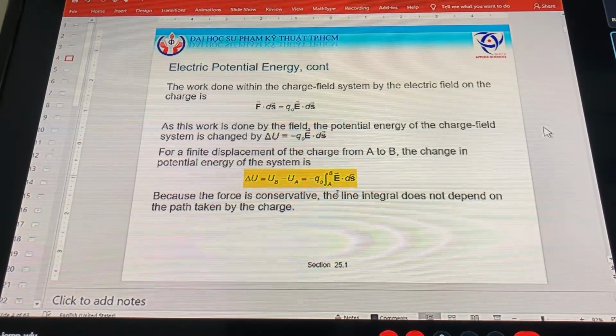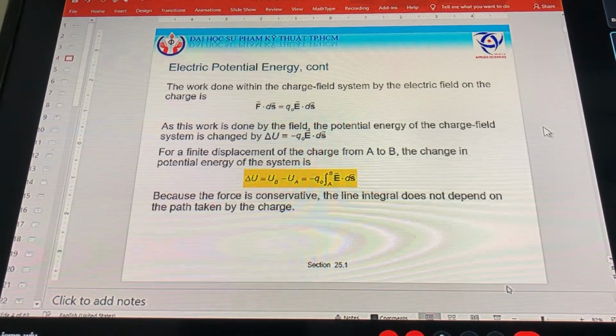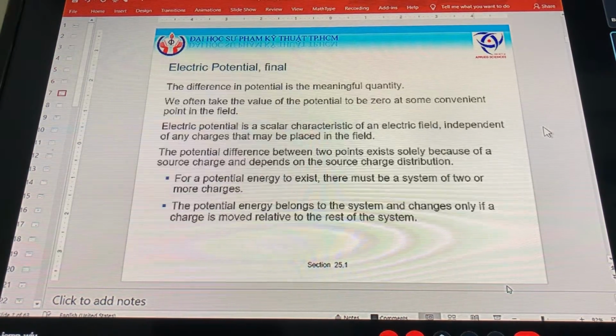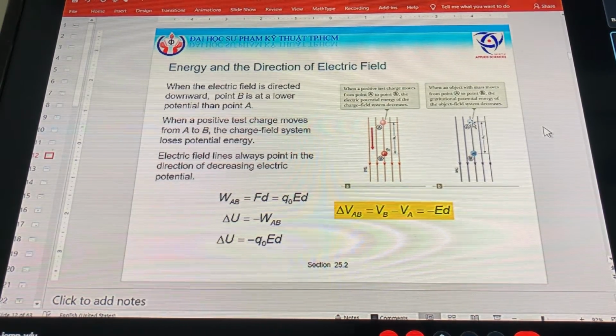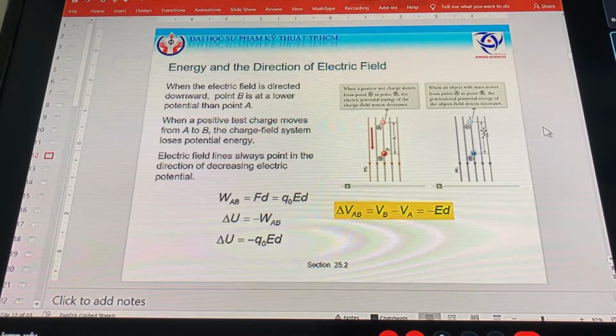Okay, so what happens if we have a uniform electric field? Uniform electric field, like this one. You will move a test charge from this position down to this position, for positive charge or negative charge, right?